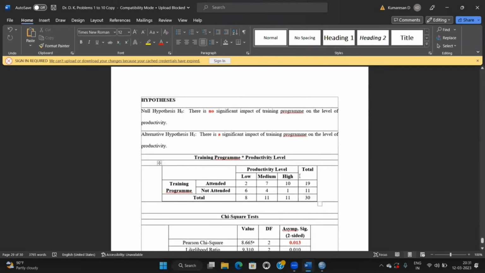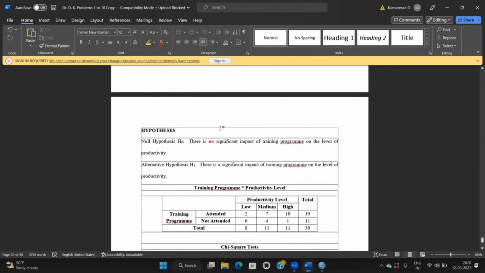As usual, we formulate the hypothesis. Null hypothesis: there is no significant impact of training program on the level of productivity. Obviously, alternative hypothesis: there is a significant impact of training program on the level of productivity.